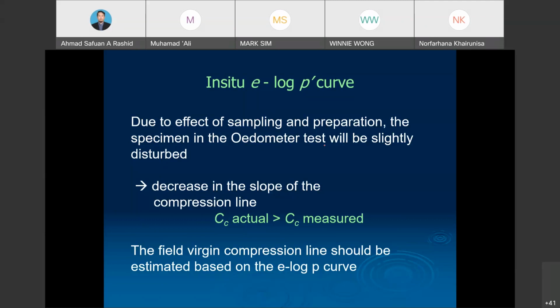So to get the actual value of CC, we need to estimate it based on the result from the odometer test. We use the result from the e log P graph to estimate the actual CC. The decrease in the slope of the compression line shows that the actual CC is greater than the measured one. The field virgin compression line should be estimated based on the e log P curve.